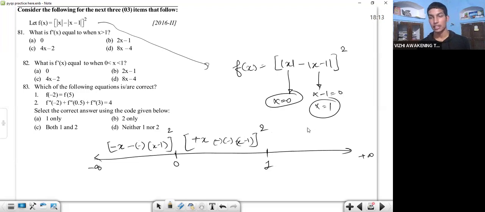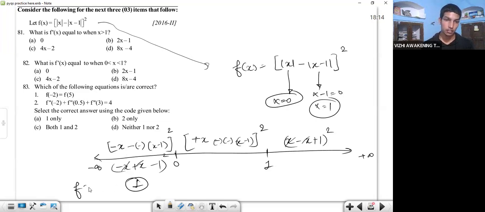Now for values of x greater than 1, this function is just going to remain the same. So here if we simplify, this will become minus x plus x and this minus 1 whole square. Cancel this, cancel this, and the function comes out as 1 here.